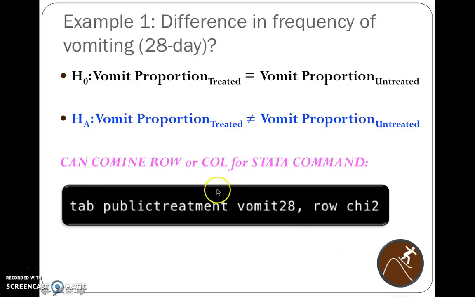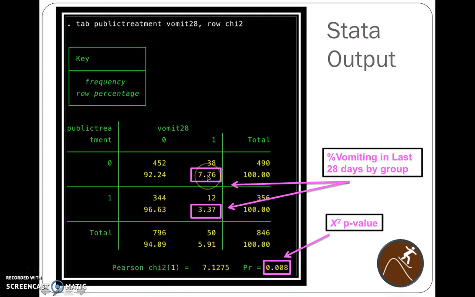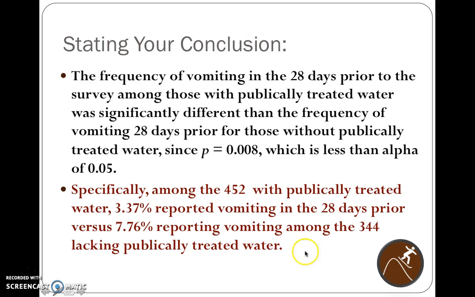Now, you can also combine row or column. So if you wanted to just leave the row option in there, you could, and run it again, and then you get the percentages. So the percent vomiting last 28 days by group, and we get the chi-square p-value. So there it is, 0.008. Now, you could state that.